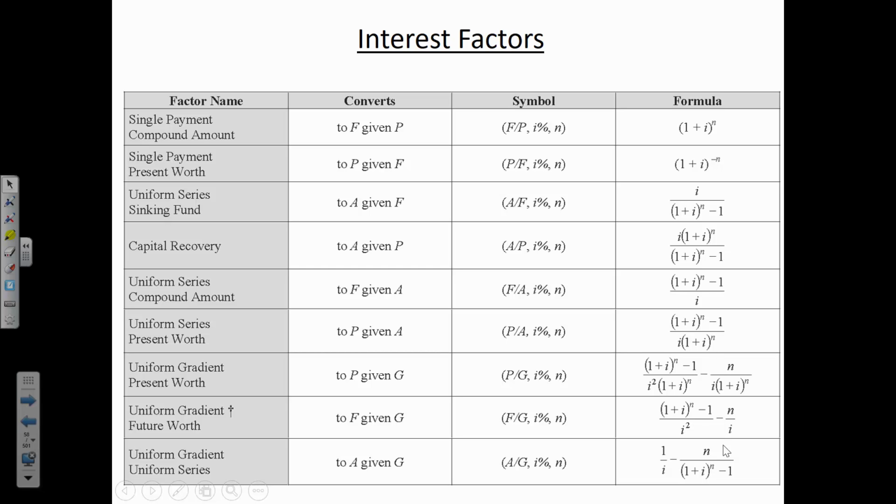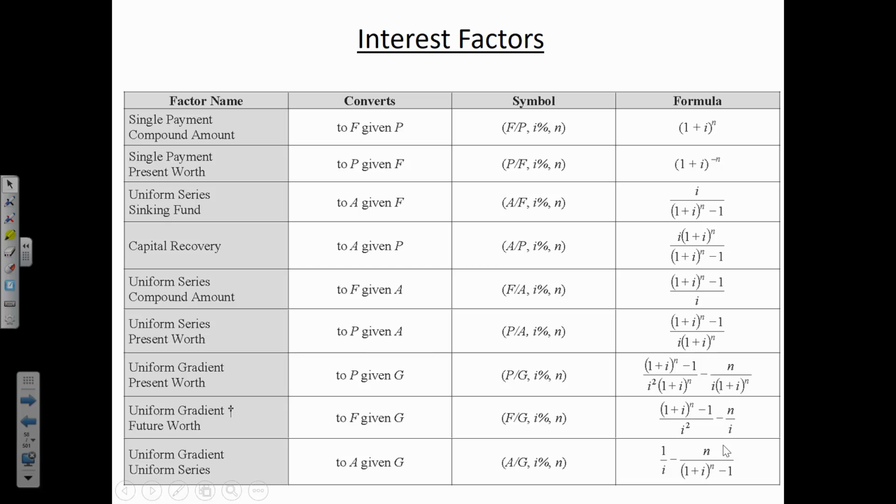Now the next row down, P/F, is find P, so find the present, that's the unknown, given some amount F in the future that is known. And the I represents a discount rate because we're moving it from the future towards the present. Anytime it's moving back in time, we call that a discount rate rather than a compounding interest rate.